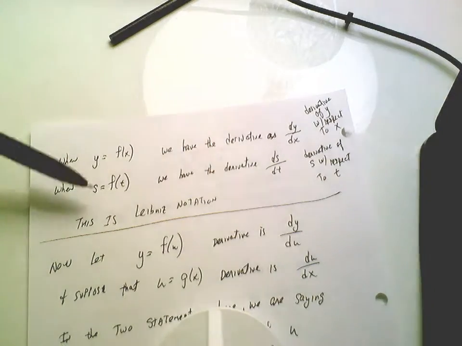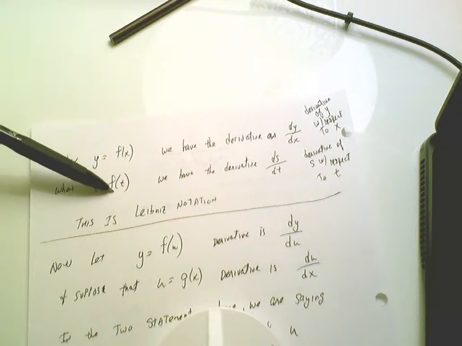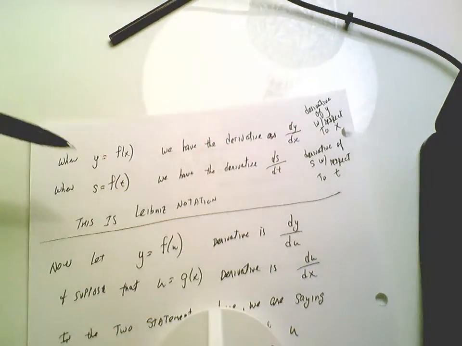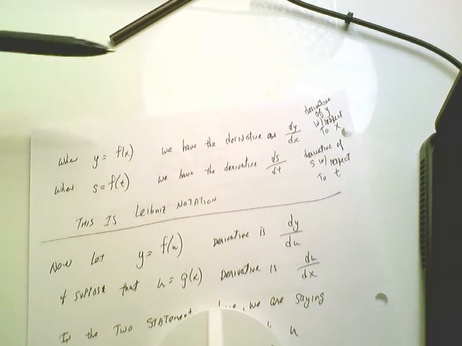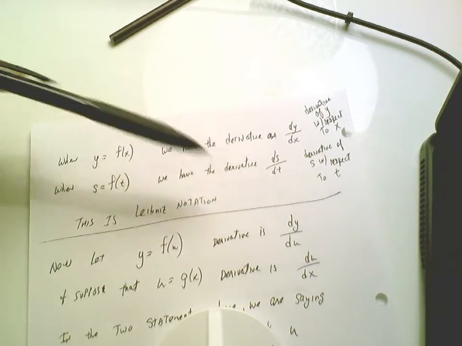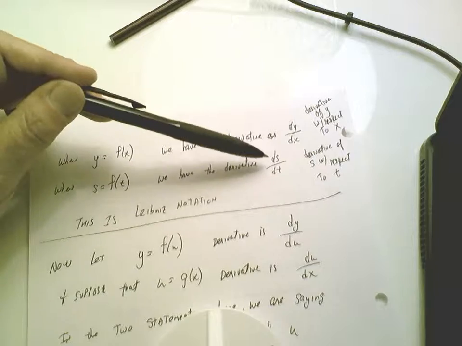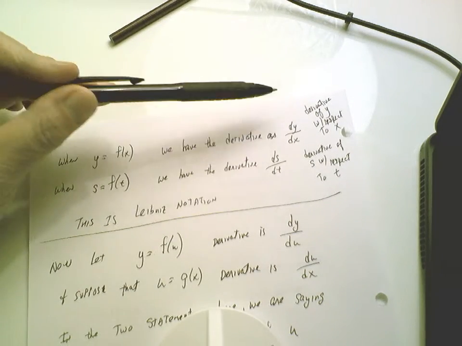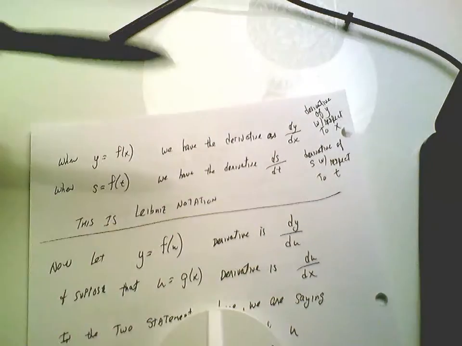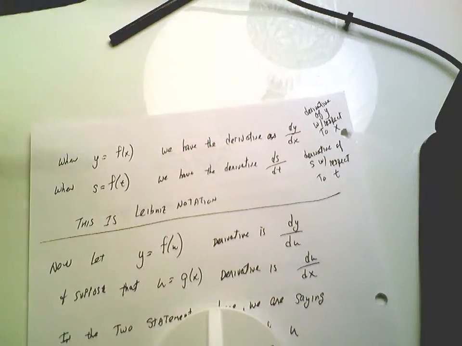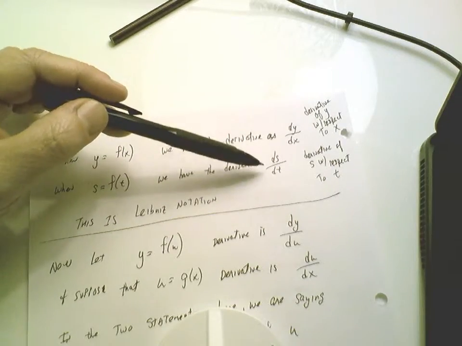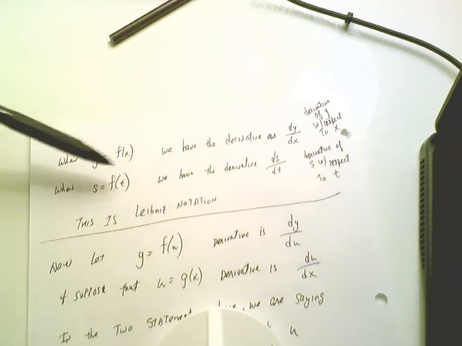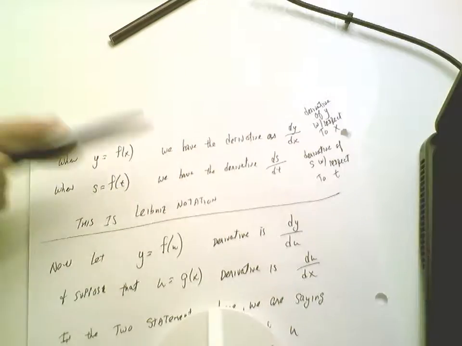Maybe s is speed and t is time, or whatever it happens to be. Our derivative in Leibniz notation would be written as ds dt. S is the dependent variable, t is the independent variable. Y is the dependent variable, x is the independent variable. This second derivative, we say it's the derivative of s with respect to t. And that again is Leibniz notation.